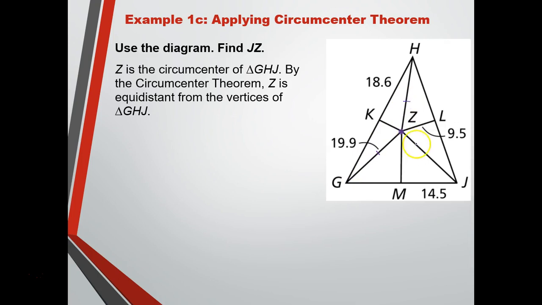So the other segments that go from the circumcenter to the other vertices, the circumcenter theorem states that all of these segments are congruent. So by that theorem, we should know that JZ is equal to 19.9.